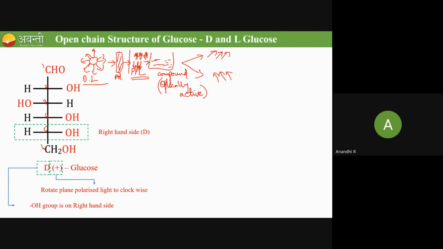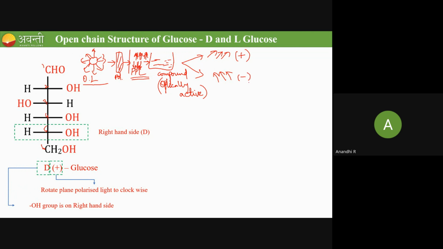A set of compounds will rotate it in the clockwise direction, and those are denoted as plus, and a few compounds will rotate the plane polarized light in the anti-clockwise direction. Those are represented by minus.